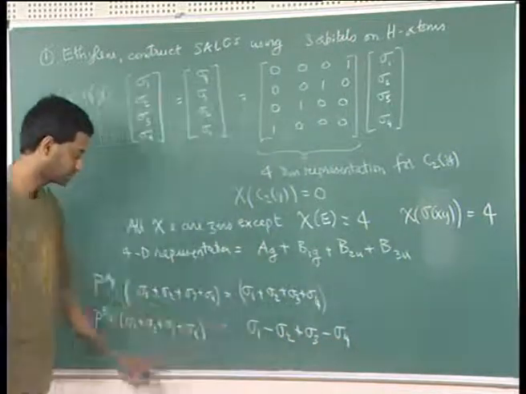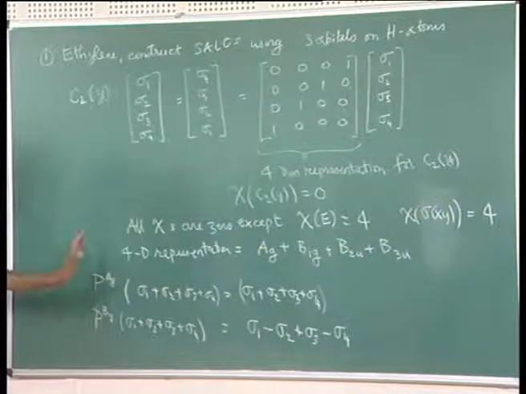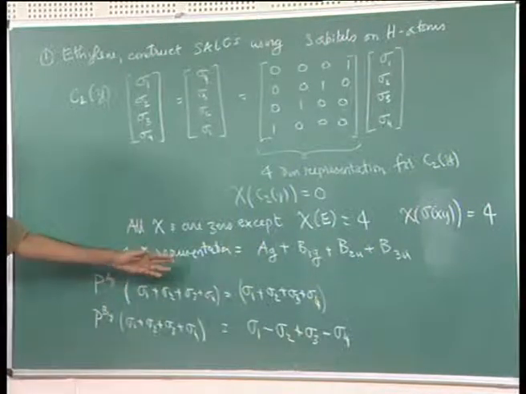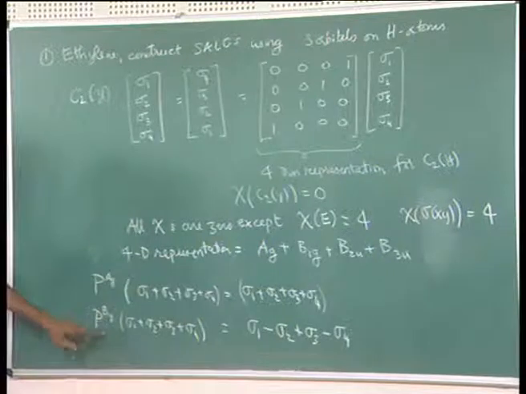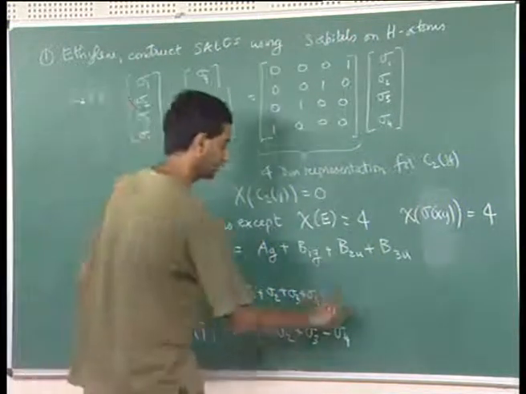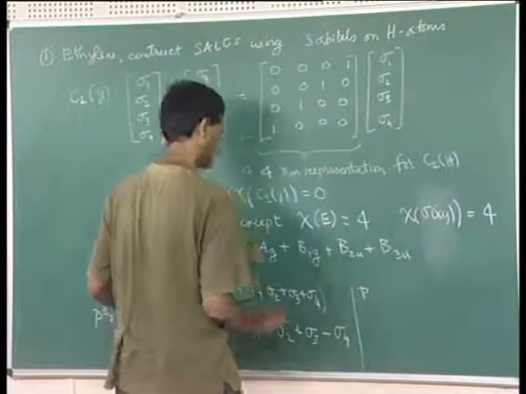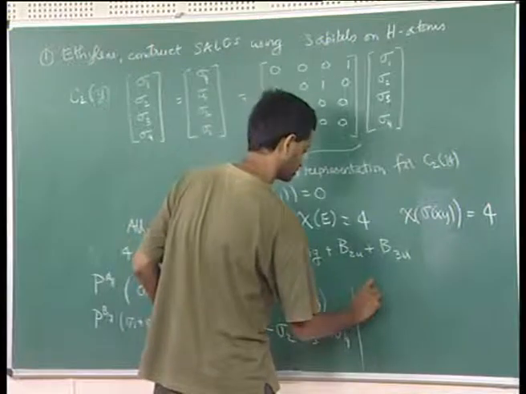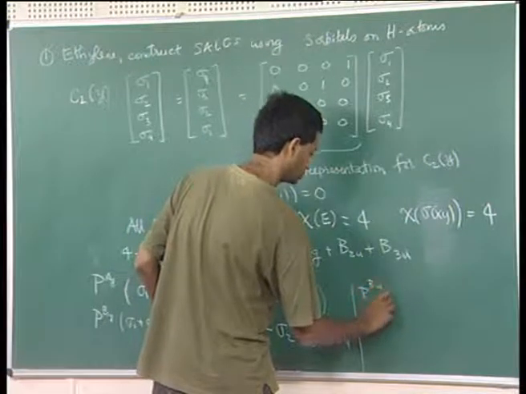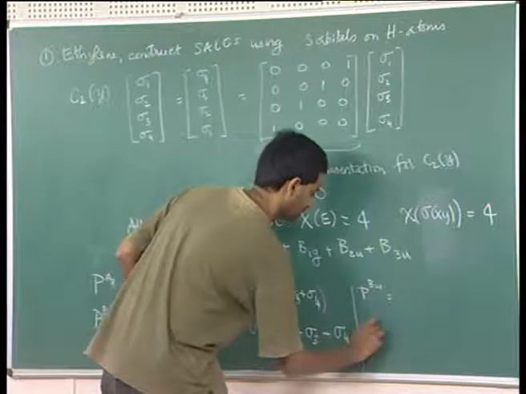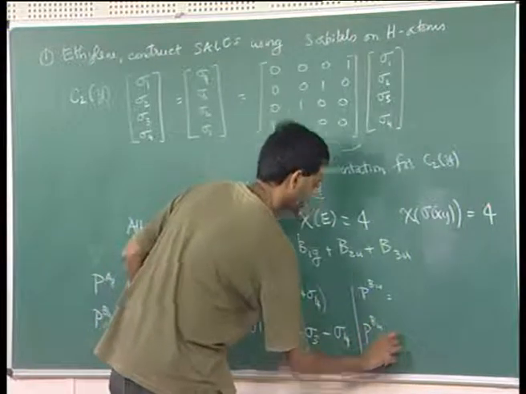Okay. So the way to do this is you have to look at how each operation acts on these sigmas, and then you can work out this is a projection operator, and then you can work out the remaining two projection operators. P, I'll write it in slightly shorter form, P B2U is equal to this, P B3U is equal to this.